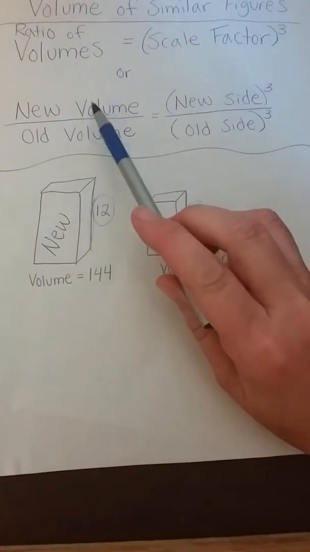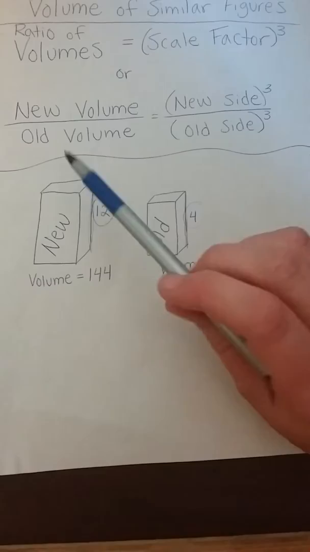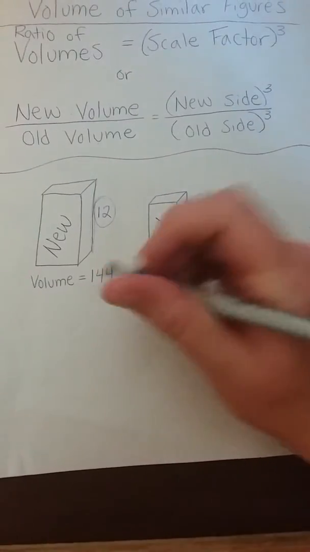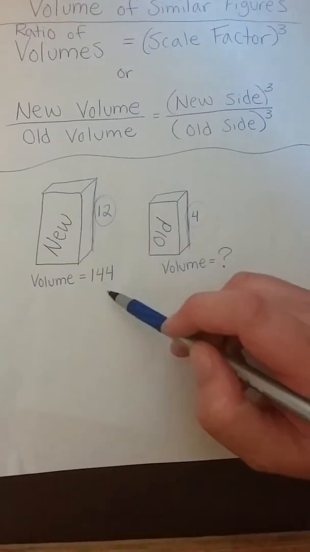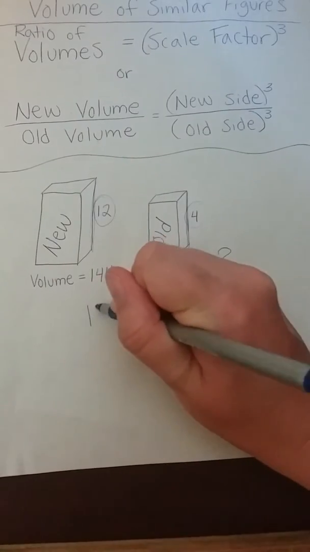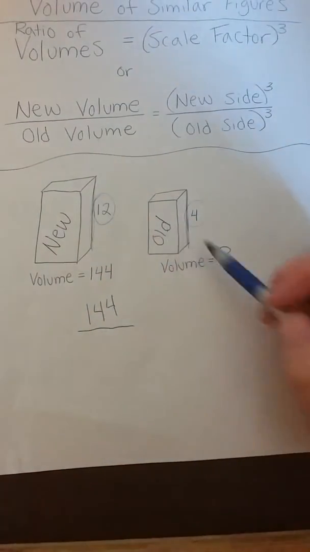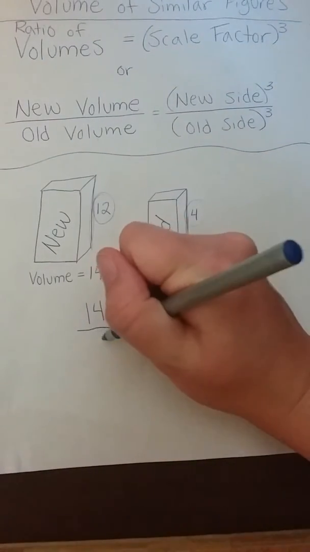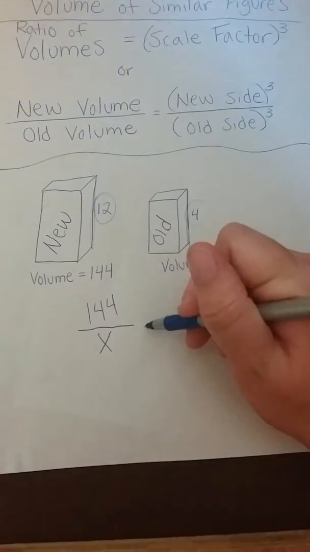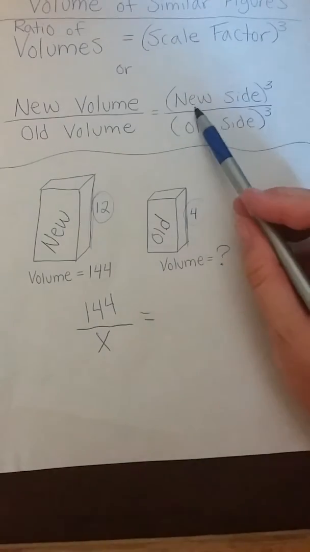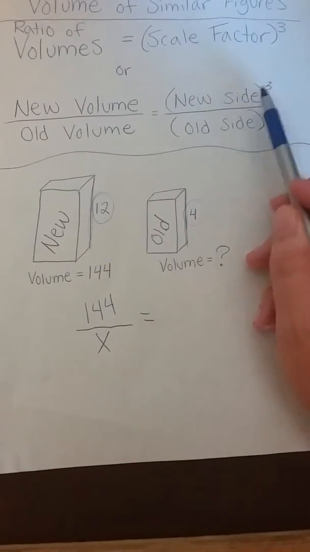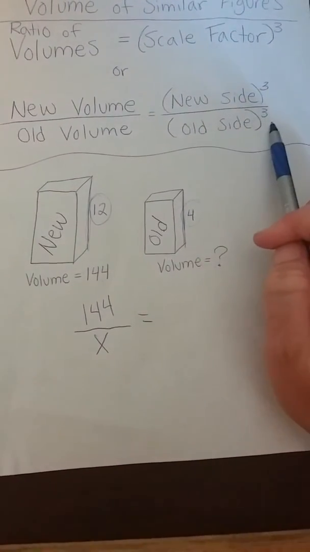Okay, so new volume over old volume. Well, my new volume, this is new, is going to be 144. So I have 144 over my old volume. I'm not sure what that is, so I make it x. Now that equals my new side cubed over my old side cubed.